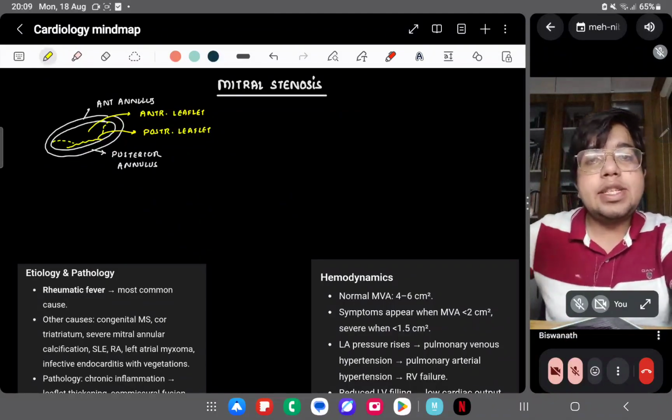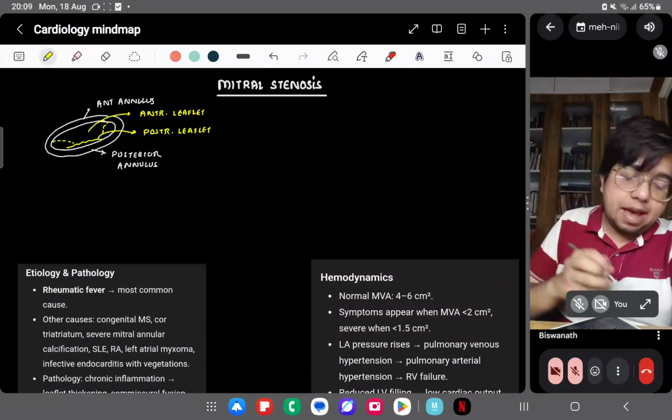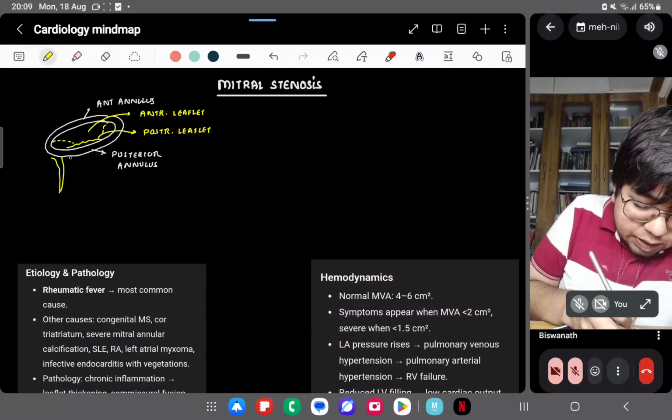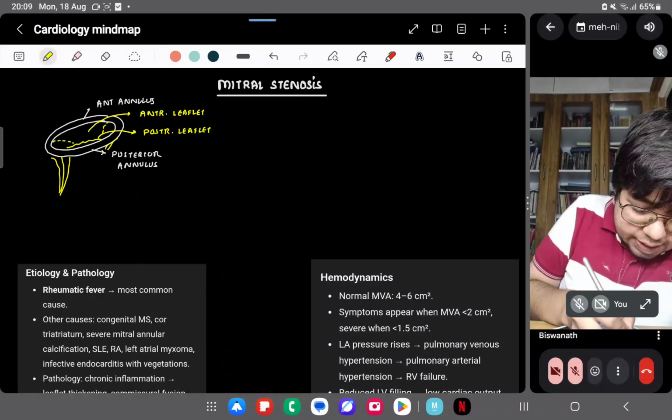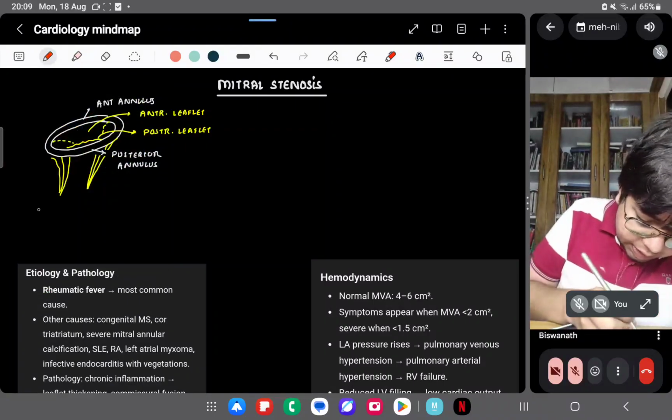These are attached to the annulus, and we have some fibers like this. These fibers are attached to some muscles. I'm sure you must be knowing this.